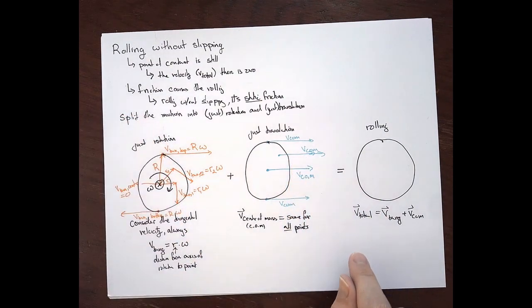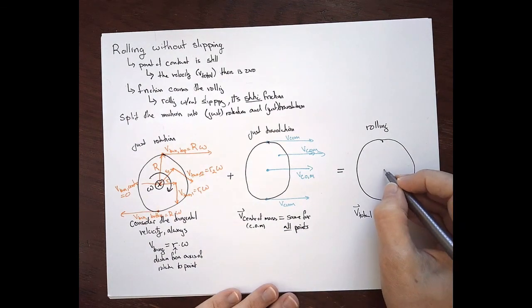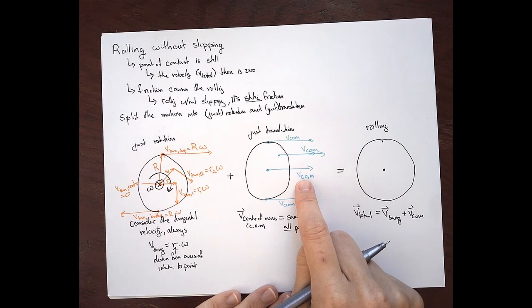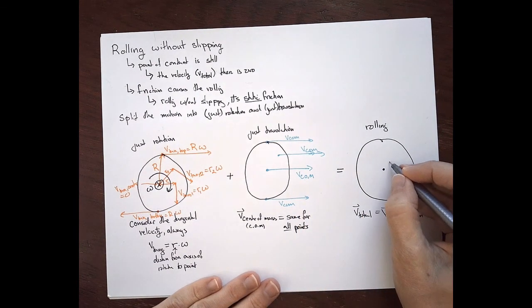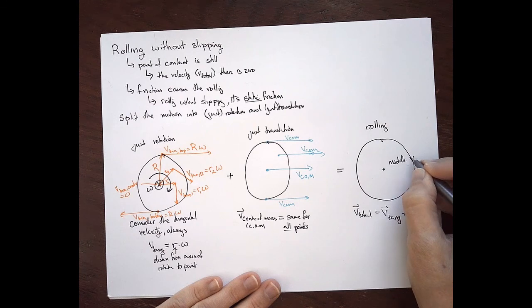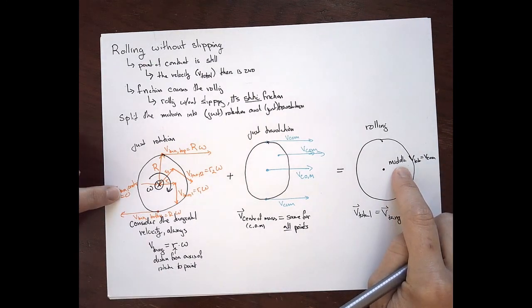But let's look at just 3 points. Let's look at the middle point. Here we've got a center of mass velocity, but no tangential velocity. So in the middle, the total velocity is just equal to the center of mass velocity, because there is no tangential velocity. So let's go ahead and draw that in.